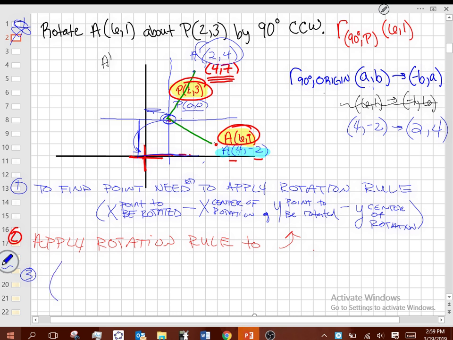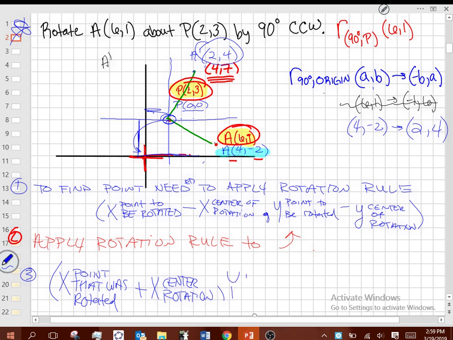So this will be the x-coordinate of the point that was rotated. The point that was rotated would be the 2, 4, plus then the x value of your center of rotation, comma, then do the same thing for the y.